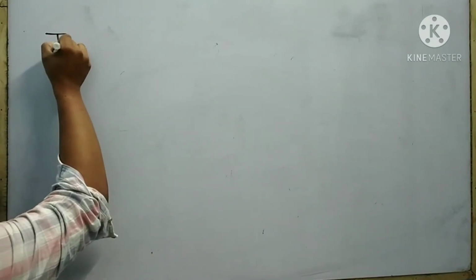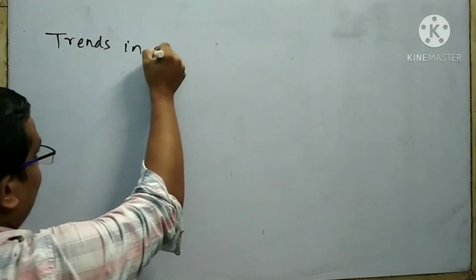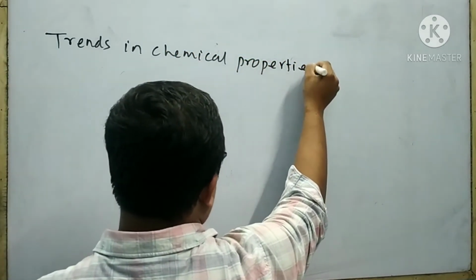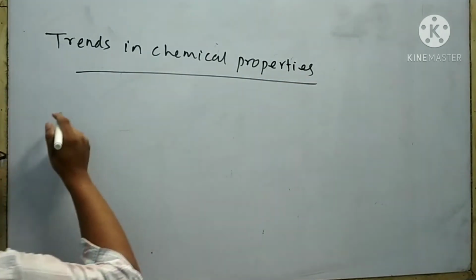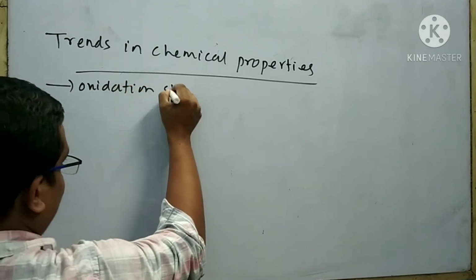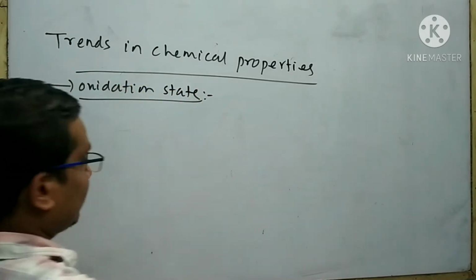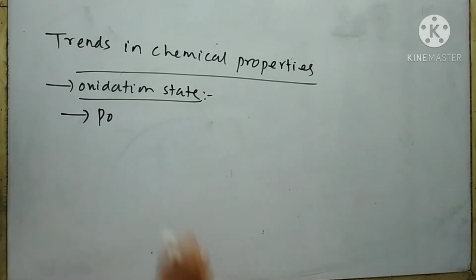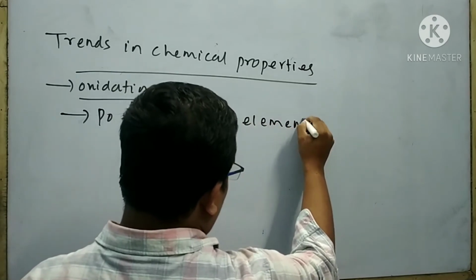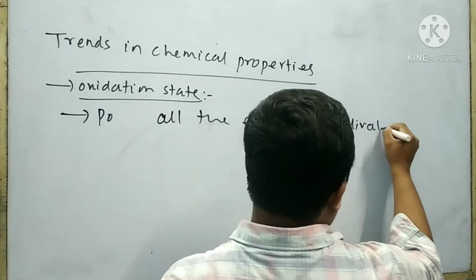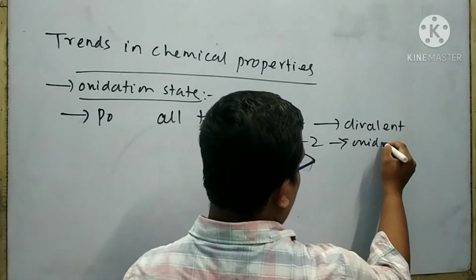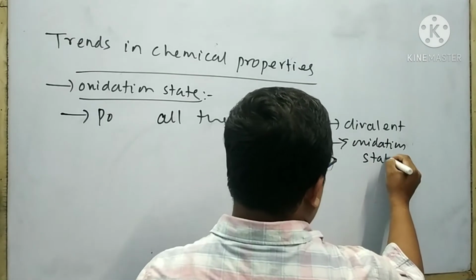Next I will discuss the trends in chemical properties. First chemical property, oxidation state. Except polonium, all the elements are divalent and show -2 oxidation state.